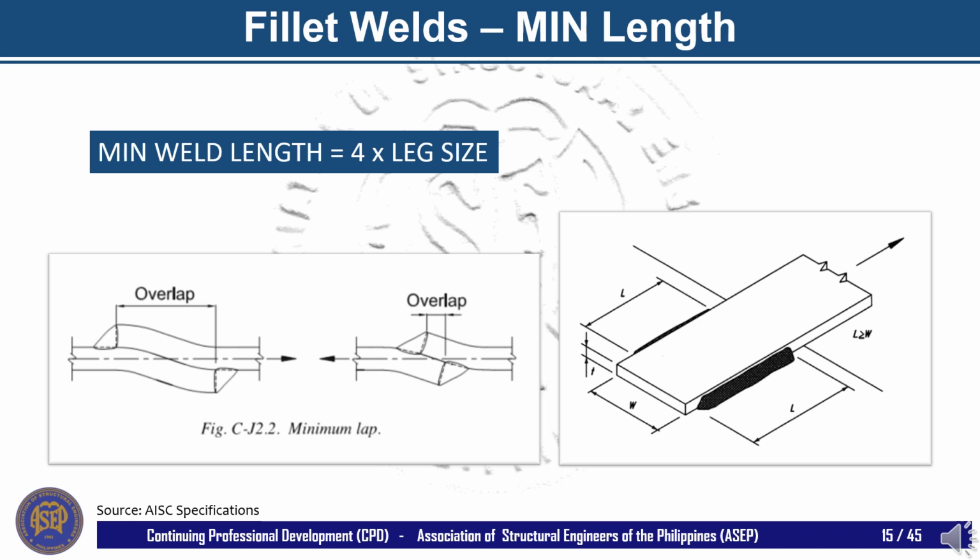By providing this, the resulting rotation of the joint when pulled will not be excessive, as shown in the left images, where the condition shown in the right-hand image subjects the fillet weld to torsion. Now, for longitudinal welds in a lap joint, the rightmost image, the common practice is to use a weld length equal to or greater than the width of the plate.